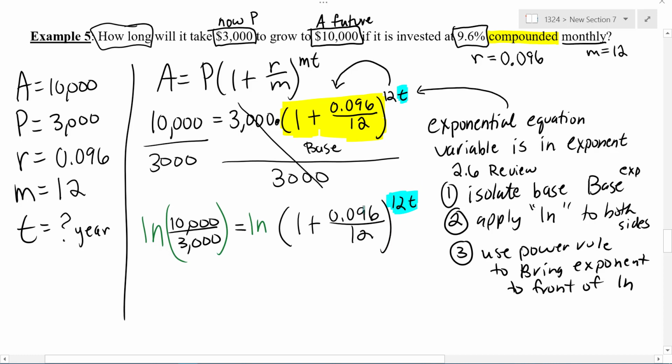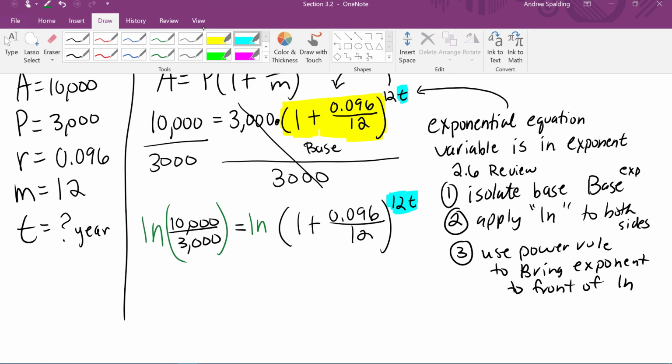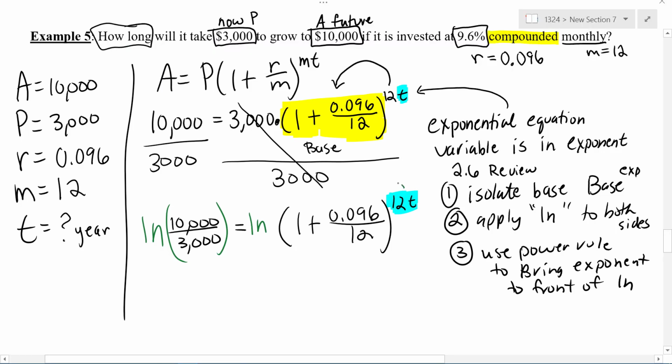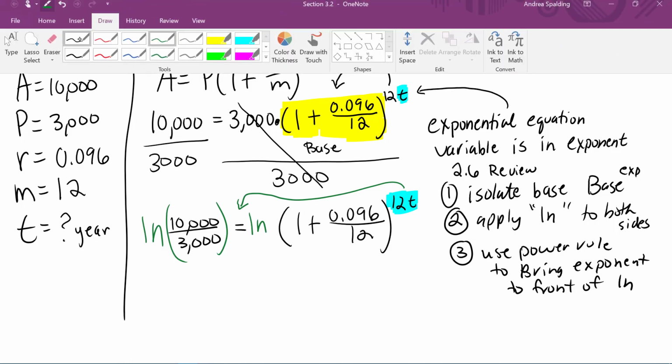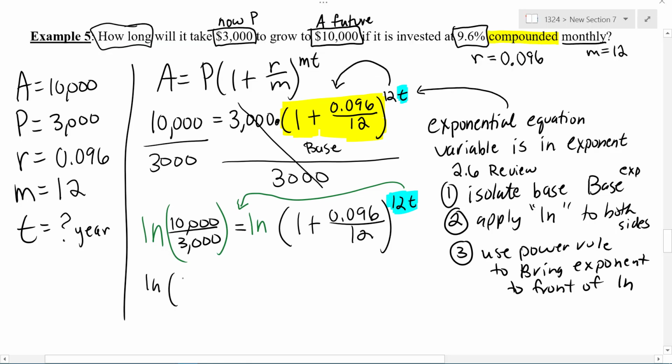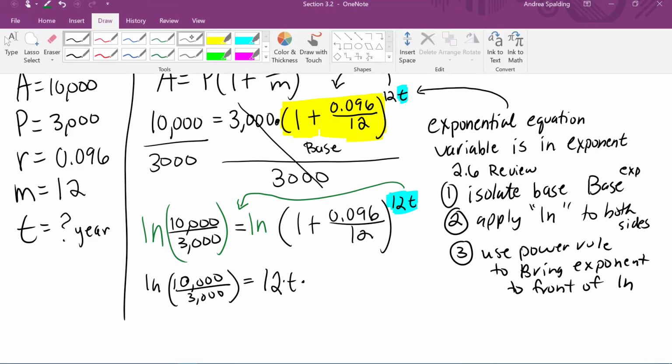So the exponent on that base is going to be multiplied out front of that log. I'm going to take the 12t and multiply it out front of the ln. So on the left side I have natural log of 10,000 divided by 3,000 equals, and on the right side I have 12 times t times the natural log of all of that.